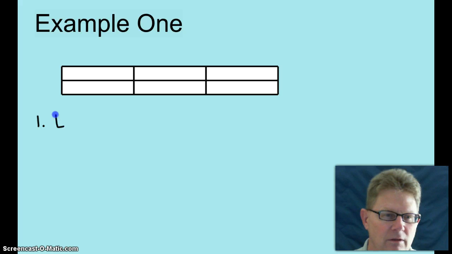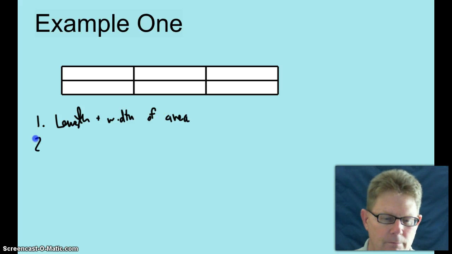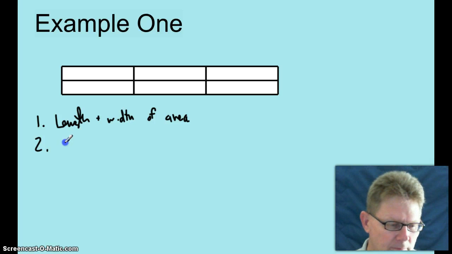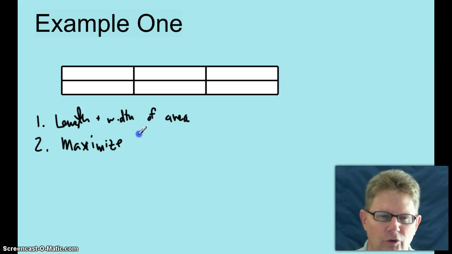That would be the length and the width of the area, right? 2. What are we trying to maximize or minimize? We are trying to maximize the total area. That's what we're trying to do.